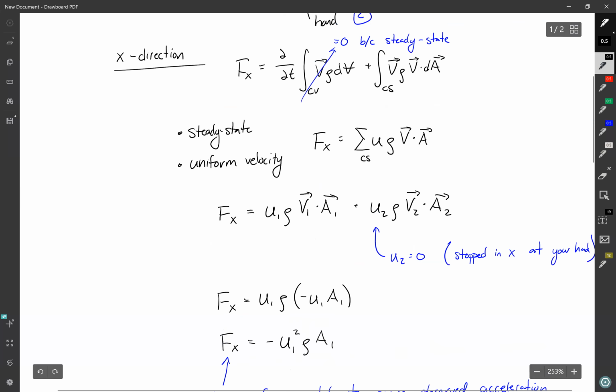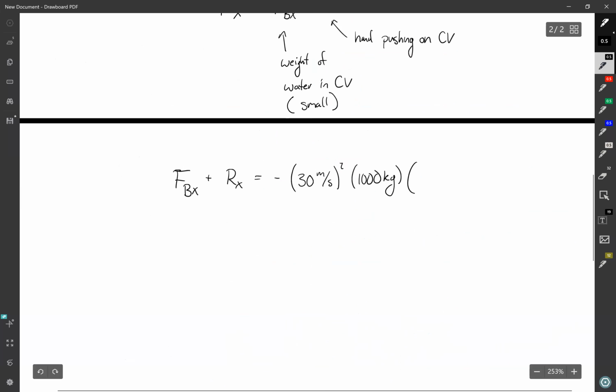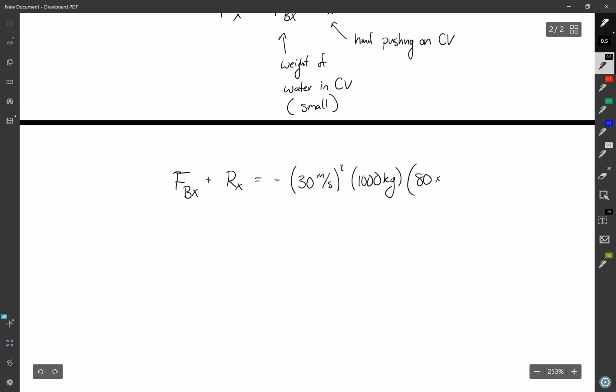It was 80 centimeters squared, 80 times 10 to the minus 4 meters squared. We can say that the body force is about equal to 0. We don't know exactly what it is, but it's going to be small. And Rx equals negative 7,200 newtons.